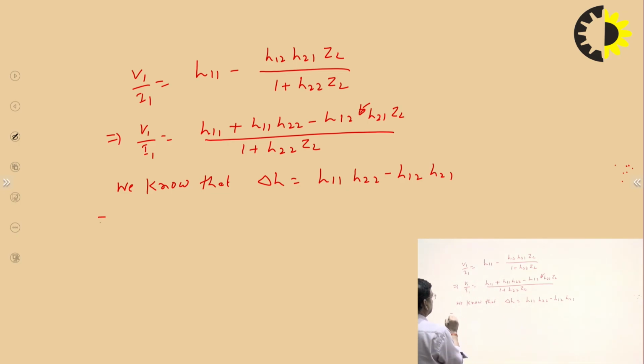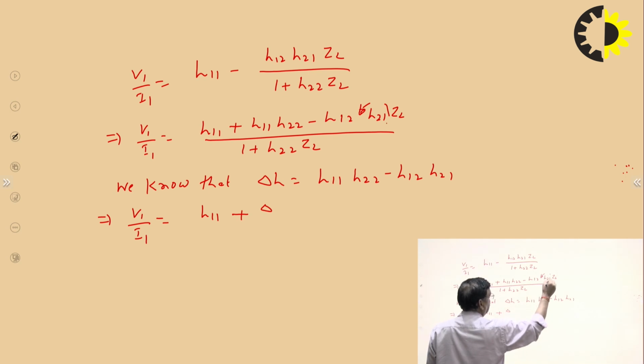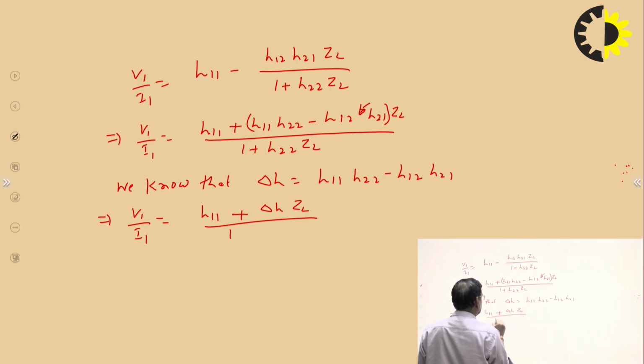So V1 upon I1 is H11 plus, in the bracket, delta H ZL upon 1 plus H22 ZL.